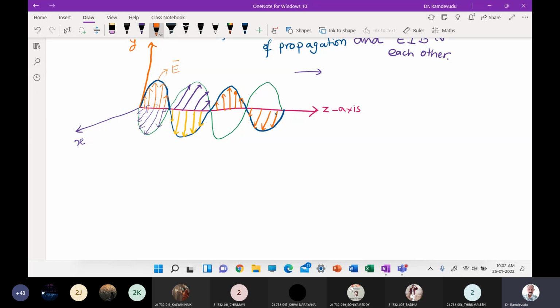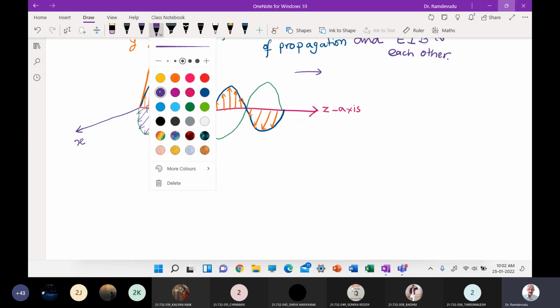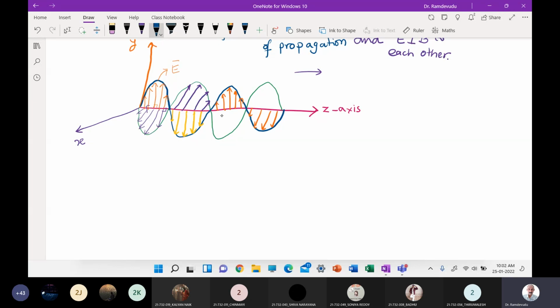And if you talk about the B vectors, all B vectors will be perpendicular to these vectors and also perpendicular to the z axis. They are perpendicular to this. And if you go here, they are perpendicular to this, like this.